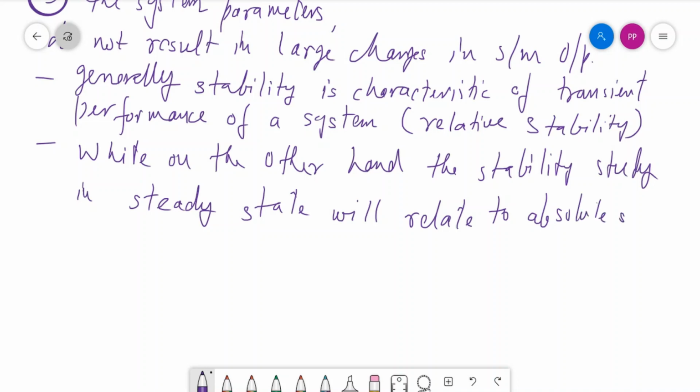Absolute stability. We will see this in detail after some time.